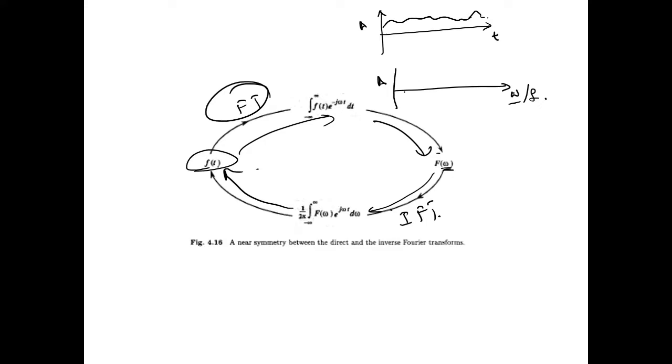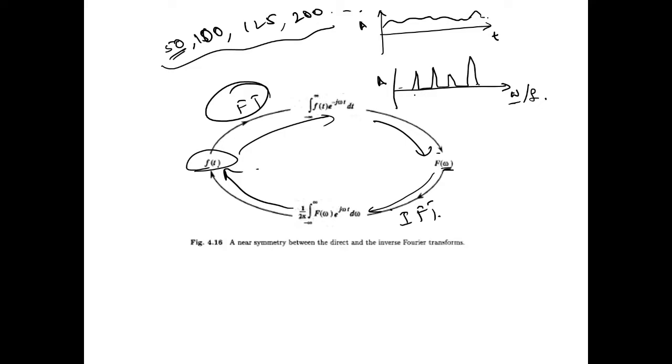Now, herein you are finding out what frequency components are present. Suppose you have a square wave, or any signal, having frequency components, say 50, 100, then 125, and 200. Let us consider that we have these four frequency components in a signal. What we will get are peaks at 50, 100, 125, and 200.